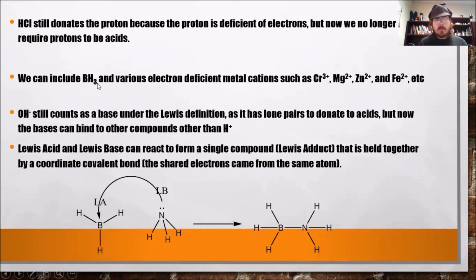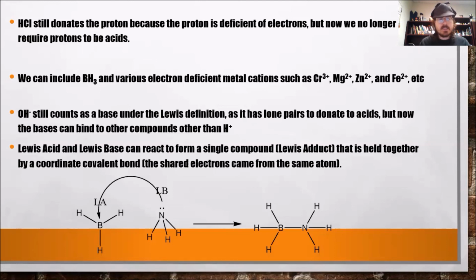BH3, what do we know about boron? We know boron is a group 3 element. Group 3 means it only has 3 electrons, which means that when it makes 3 bonds with hydrogen, it only has 6. Back in last semester, we talked about the octet rule. Boron with 6 electrons is one of the exceptions.